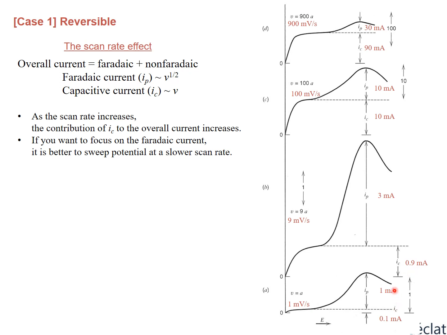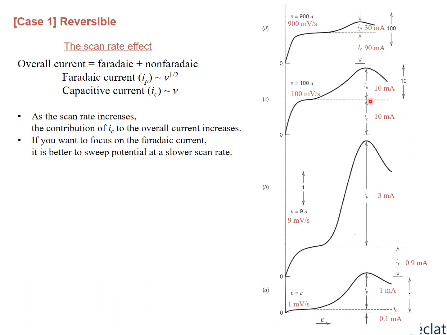However, 1 milliampere times the square root of 9 is going to 3 milliampere. So at 9 millivolt per second, we cannot neglect the capacitive current, even if at 1 millivolt per second in the previous example, we probably neglect the contribution of the capacitive current.